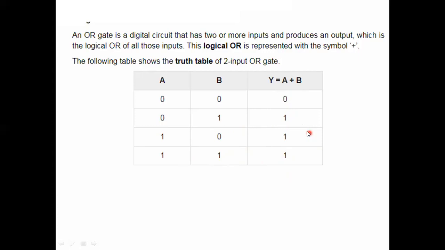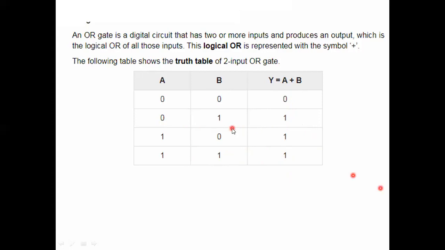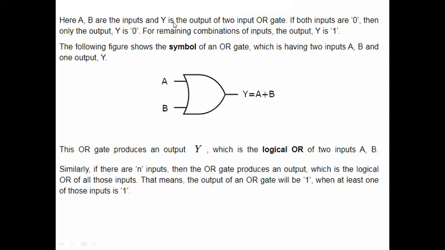This input is 1, the output is 1. This input is 1, so the output is 1. Both the inputs are 1, the output is 1. That is the statement for logical OR.